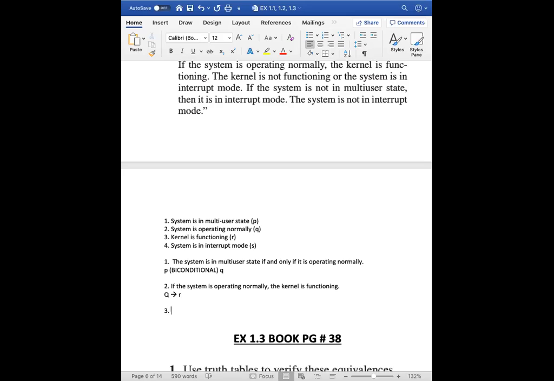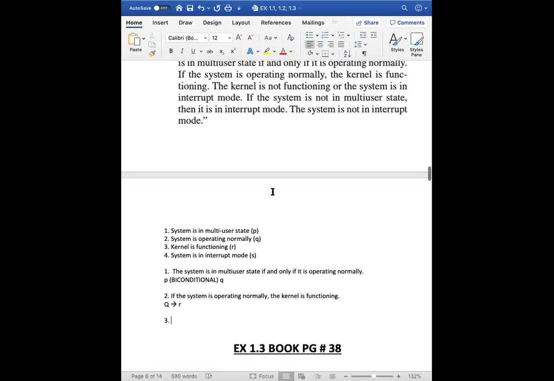Number 3: the kernel is not functioning, or the system is in interrupt mode.